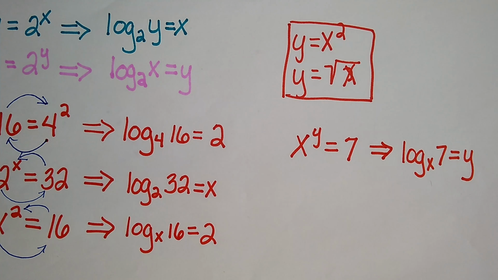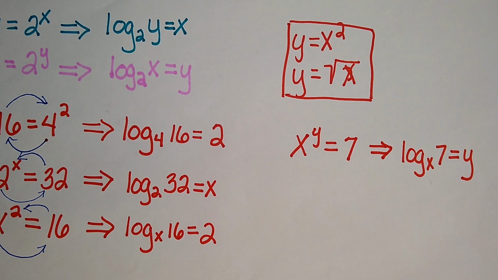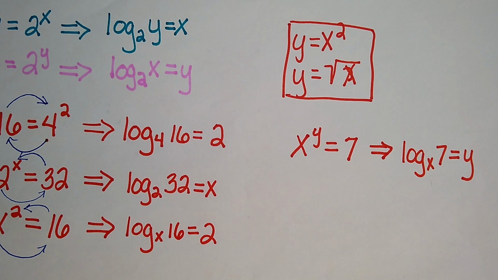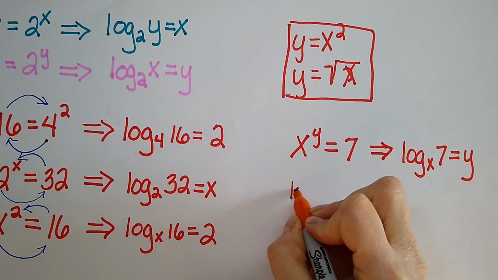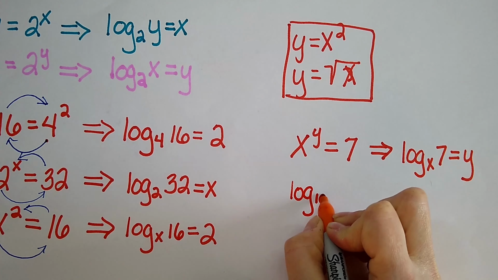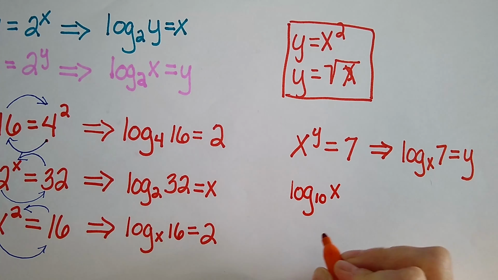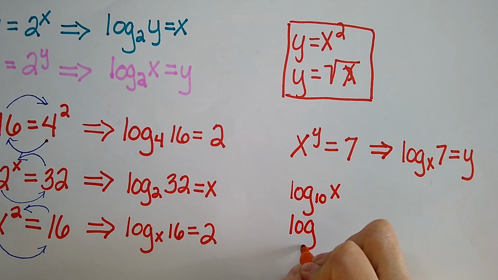Okay. One last thing that you might want to know, and we'll start learning this now, is that there are 2 kinds of logs on your calculator. One of them is log base 10, and one of them is log base e.